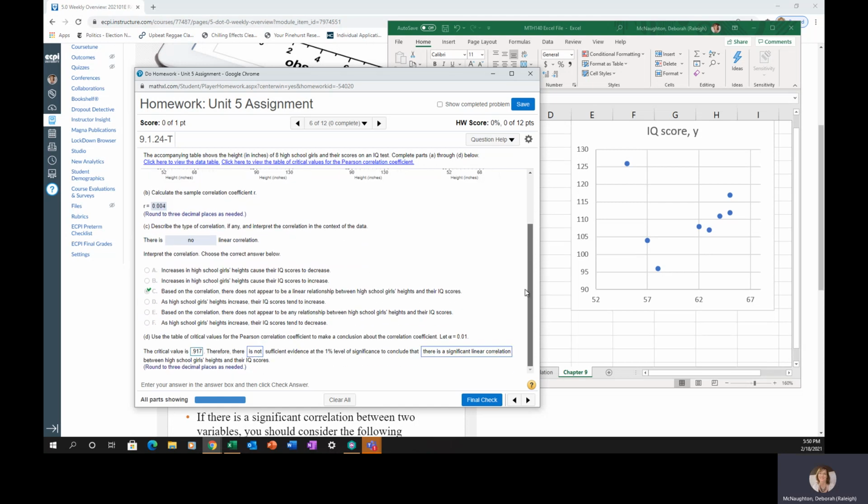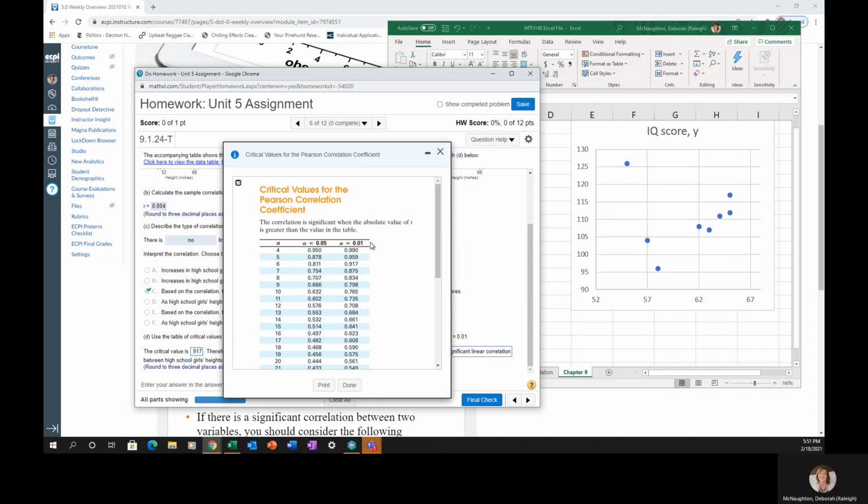My alpha level is 0.01 and my degrees of freedom is 6, 0.917.